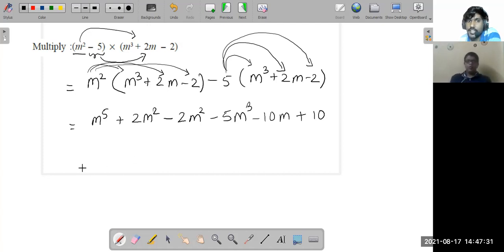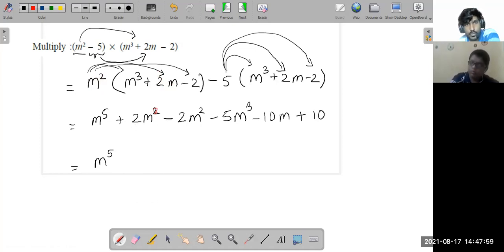Now you write all the like terms together. m raised to 5 is just one, so you write it first. Wait, have I made a mistake here? m square into 2m would be 2m cube.